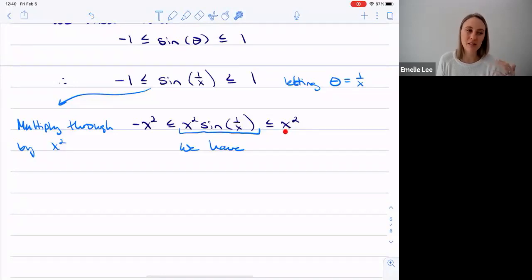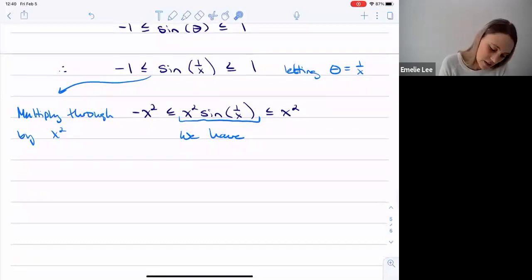And spoiler alert, as x goes to 0, the limit of -x squared is 0, and the limit as x goes to 0 of x squared is also 0. So it's squeezed between 0 and 0, and we have no choice. The limit of this thing has to be 0.